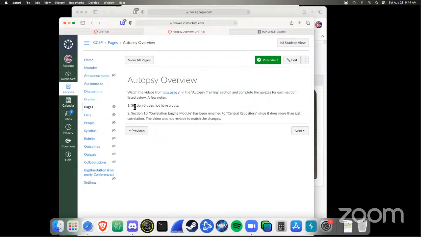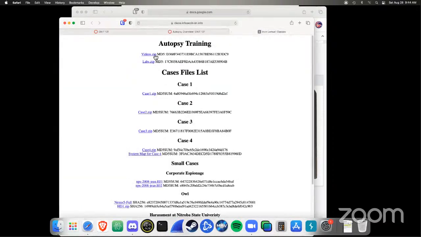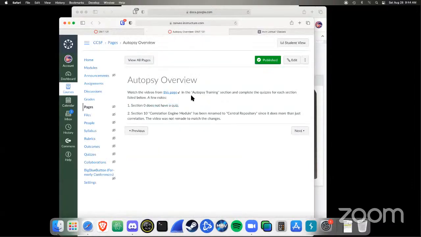I do have some notes. Section 0 doesn't have a quiz. These videos are all labeled by section. Section 10 has been renamed from Correlation Engine to Central Repository, so don't get confused by that when you get there.